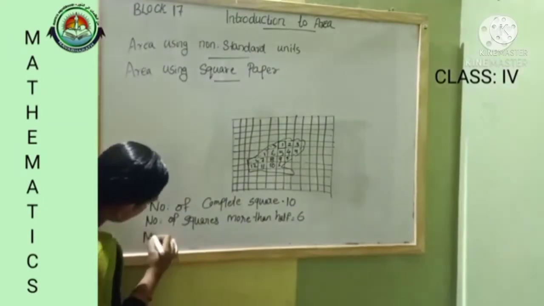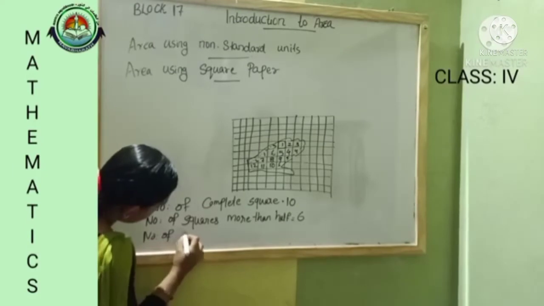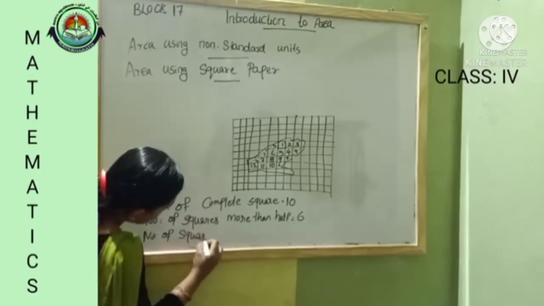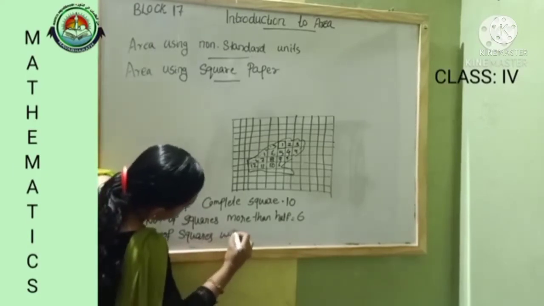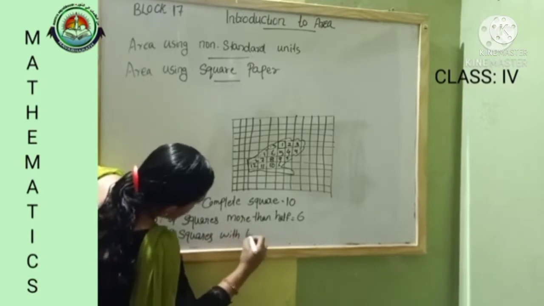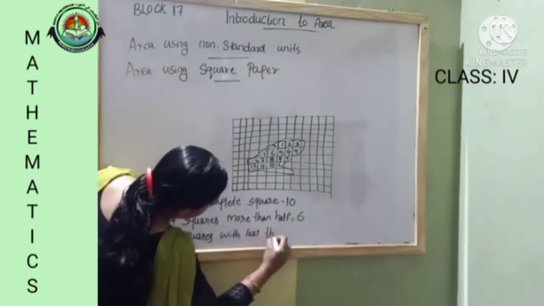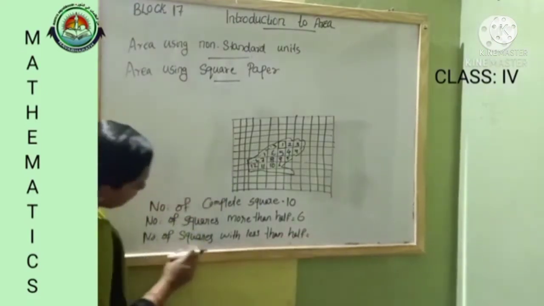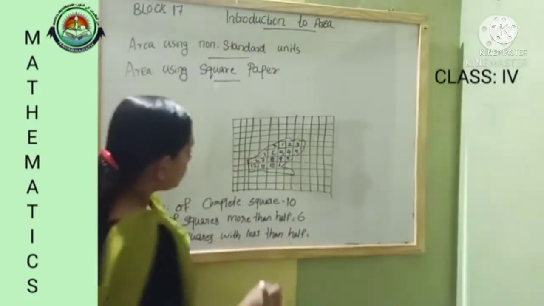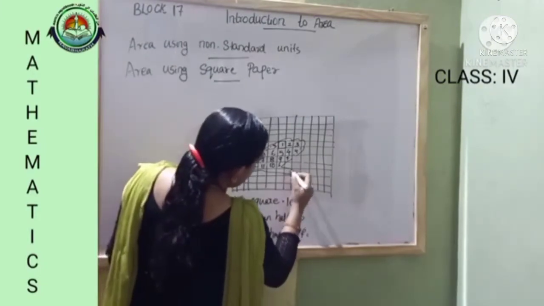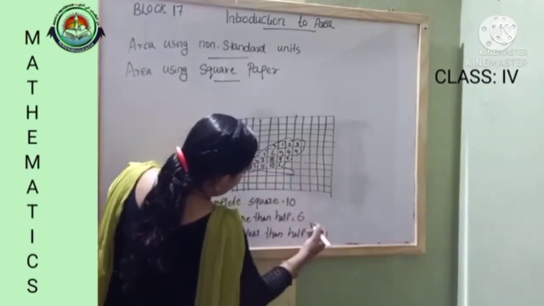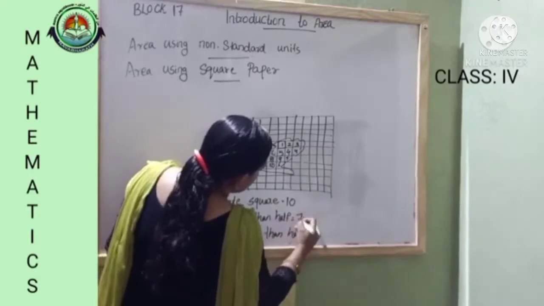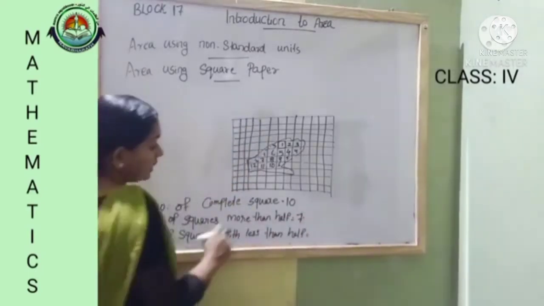The number of squares with less than half. So just count it here. This is also a complete square. So 7 more than half squares are there.